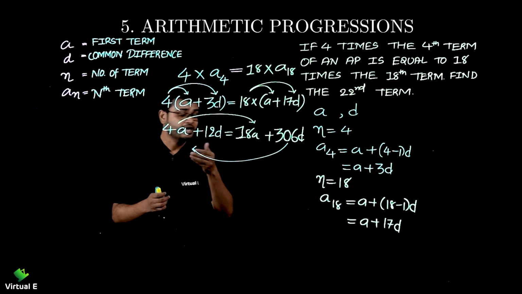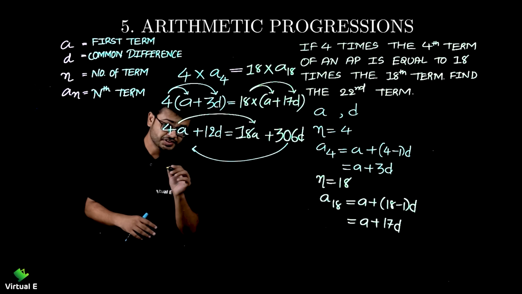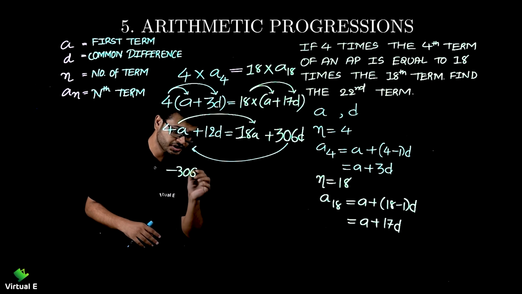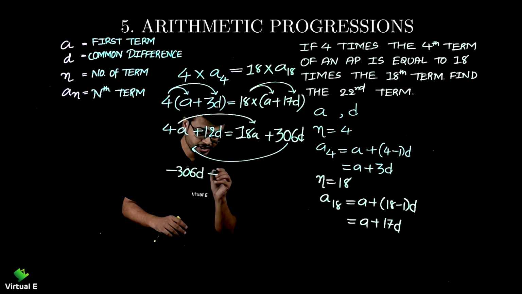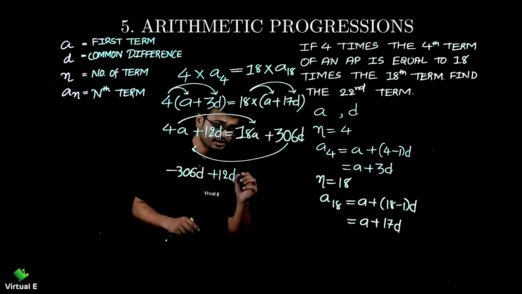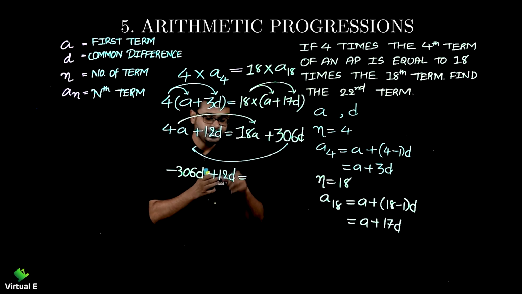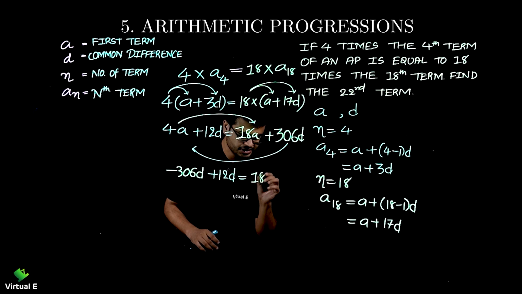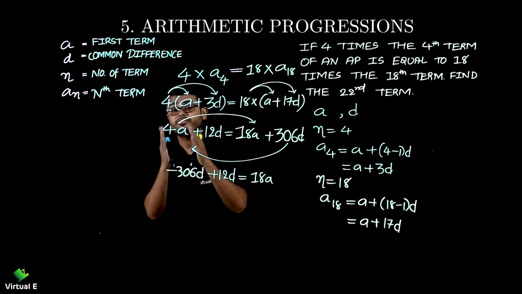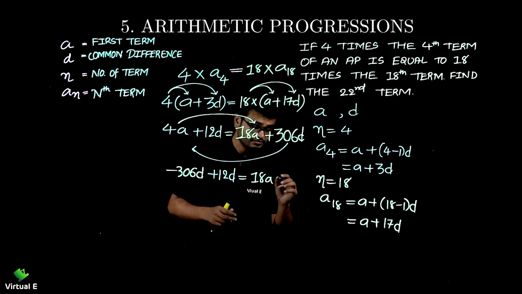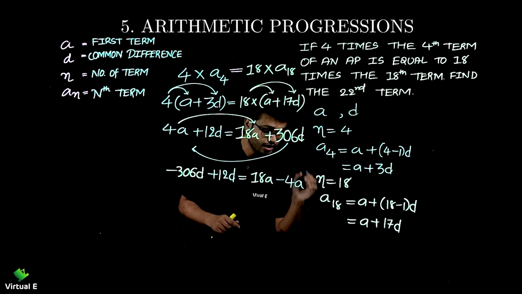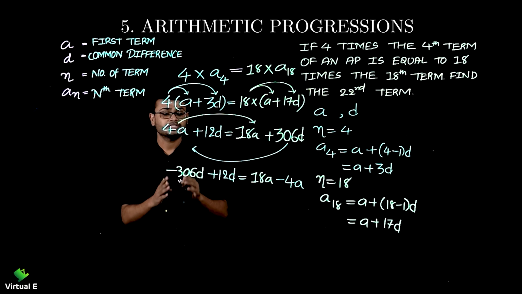So this will become negative, so minus 306D and plus 12D as it is, equal to 18A as it is, and if I shift 4A over here, it will become negative, so minus 4A.